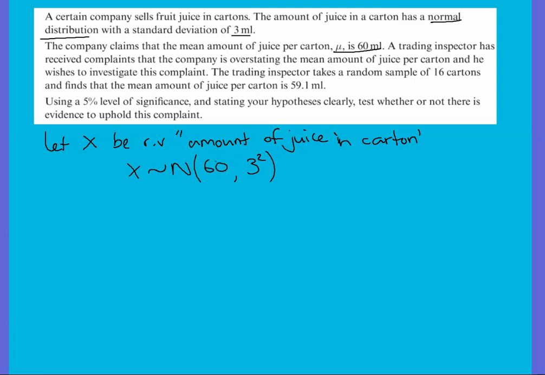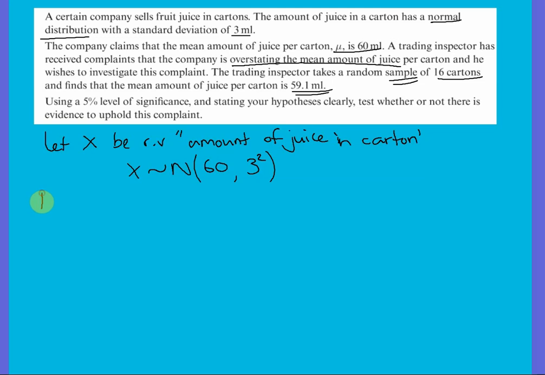A trading inspector has received complaints that the company is overstating the mean amount of juice. And here's a sample, so you can see the word sample, so now you're thinking sample means, and our new type of distribution, of 16 cartons, and he's got a mean lower. So we have to use a hypothesis test to see whether this is a valid claim that they are overstating, or it's just through chance, basically.